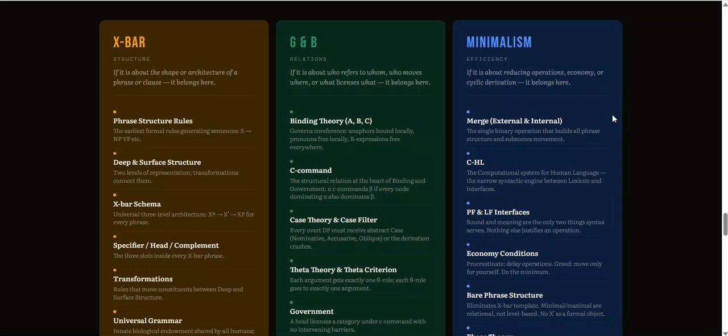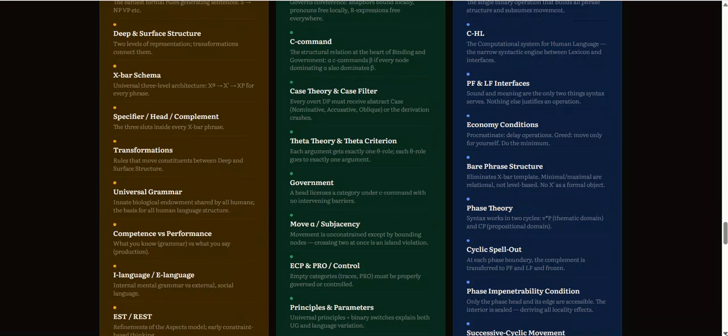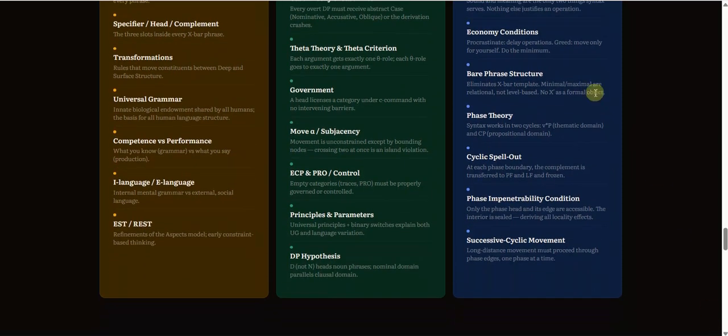Then moving on to minimalism. First one is Merge, a single binary operation that builds all phrase structures. Then CHL, that is the computational system for human languages. Then PF and LF interface. Then economy conditions.